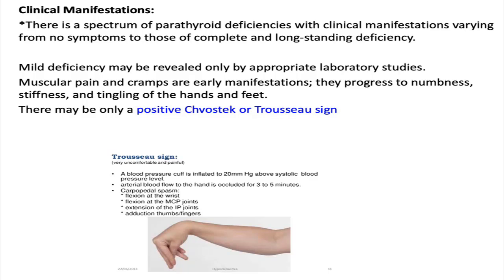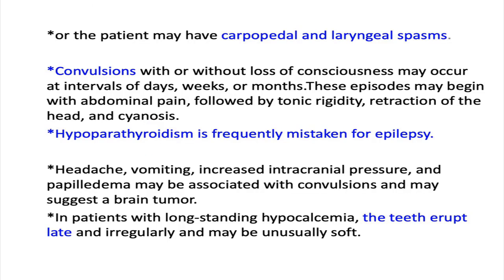This is called carpopedal spasm, which can be induced by Trousseau sign, or the patient may present with carpopedal spasm when there is severe deficiency of the parathyroid hormone and the patient has hypocalcemia. With deficiency of parathyroid hormone, there may be carpopedal spasm and sometimes laryngeal spasm, and the patient may present with croup.